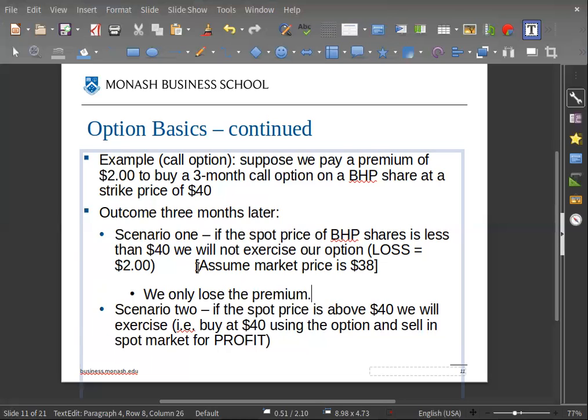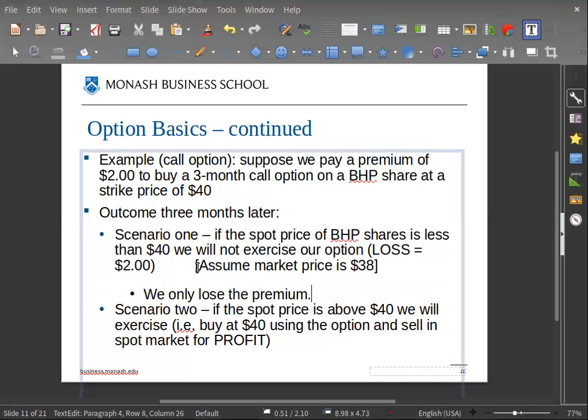Now, scenario number 2. Let's say the spot price, that is the current market price of BHP, in 3 months from now, goes above the $40. That means that we can exercise our option. Why? Because BHP is being traded in the market at above 40. So we don't actually have to buy at 40. We can simply trigger the option.